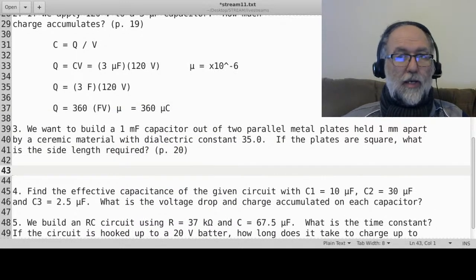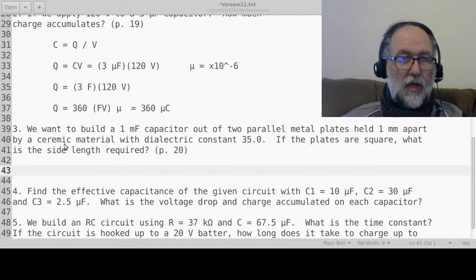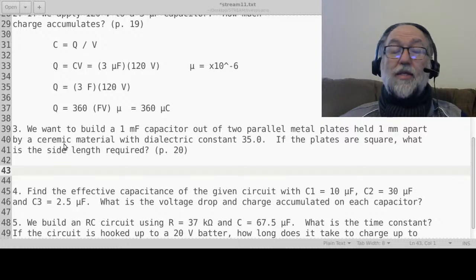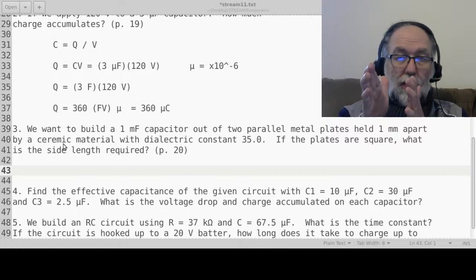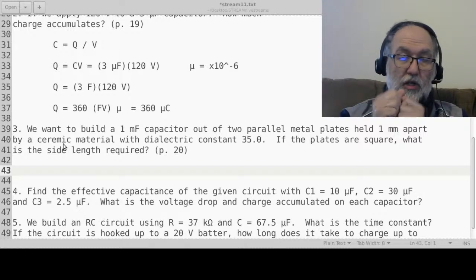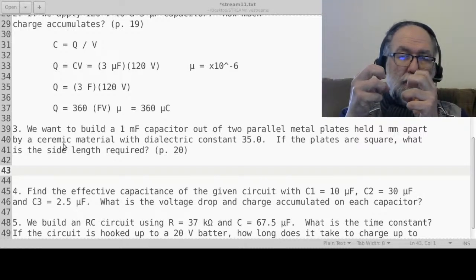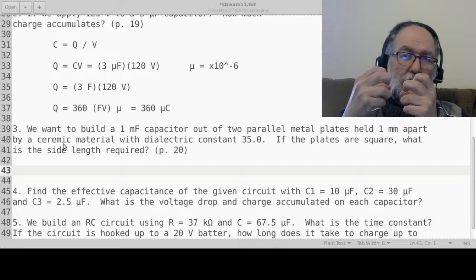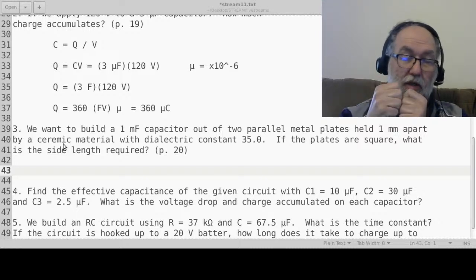All right. So here's question number 3. What is a capacitor? It's a device which accumulates charge, and the way this happens is because you have two objects, and one of them becomes positively charged and the other becomes negatively charged, and because they're in proximity to one another, the negative charges from one attract the positives from the other, and vice versa, and they kind of like being in that situation.